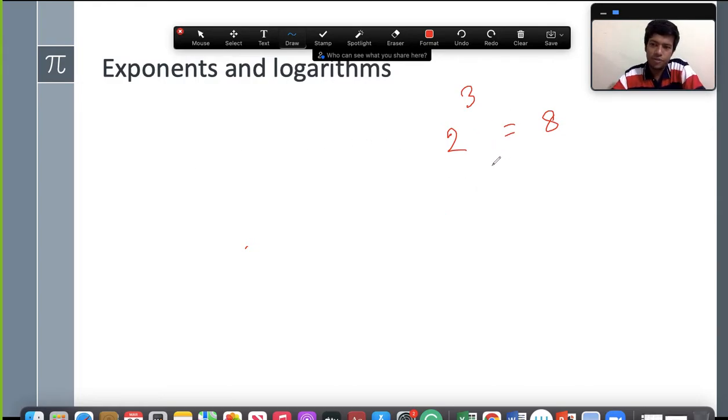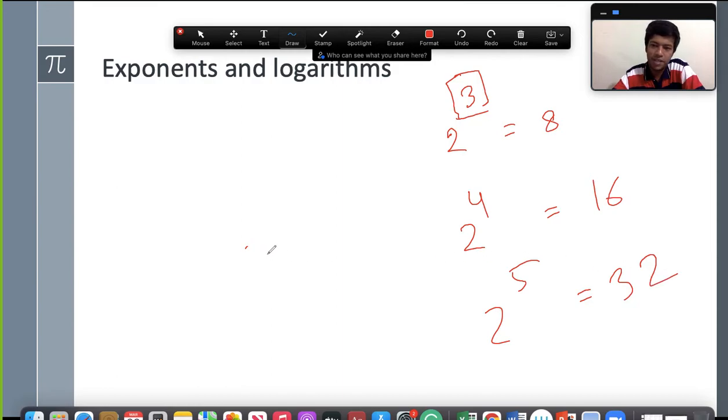And this is exponential: if you change this number, it becomes 16, then you change it and it becomes 32, and so on.